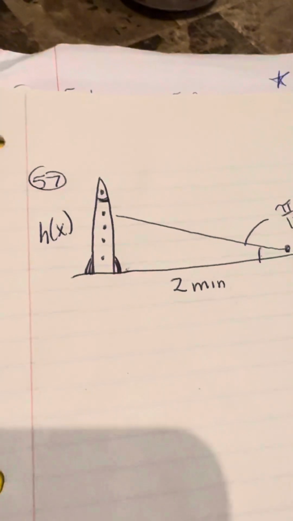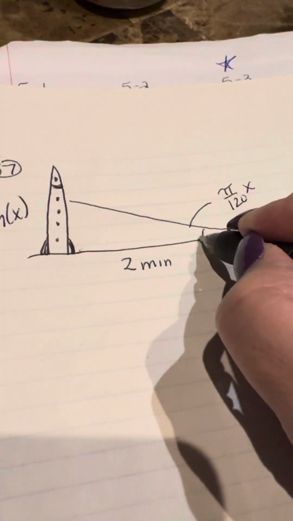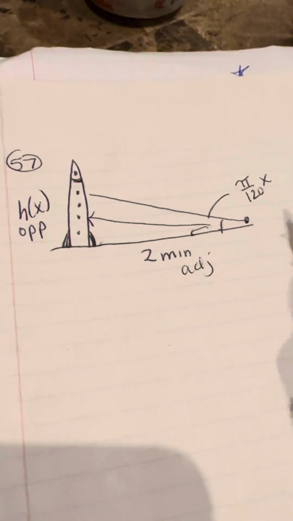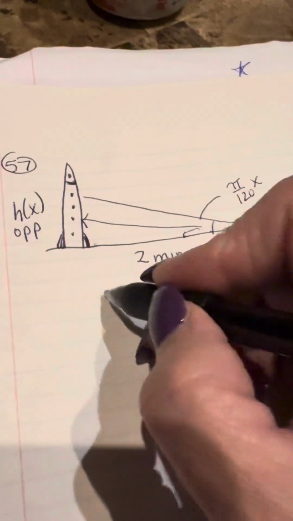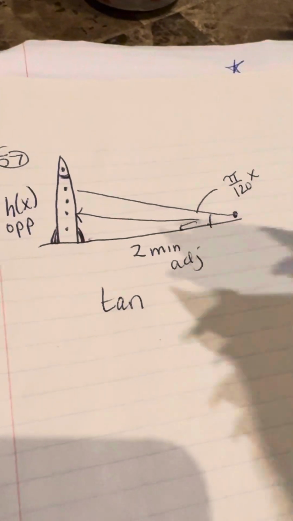So they want us to write a function expressing the altitude of the rocket. So they want this height. We have an angle right here, the opposite leg across from that angle, and the adjacent leg. This would be the hypotenuse. When we have opposite and adjacent, that's going to be the tangent. This comes back from section 5.4 or whatever.